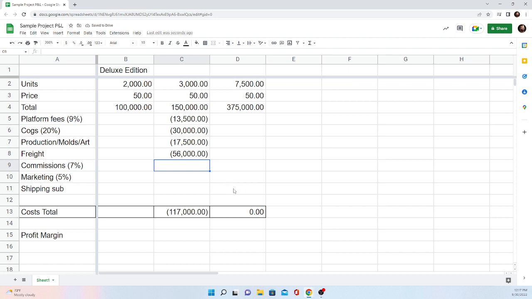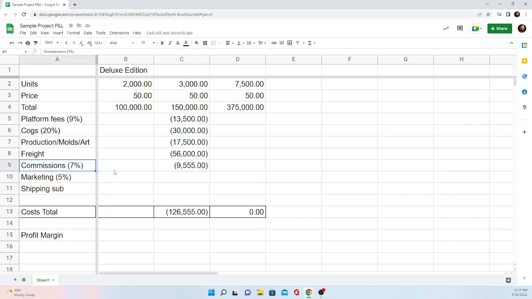Let's say you get 7% off the net of your Kickstarter with your designers. The net, at least the way that I've done things in the past, is after the platform fee, the money that we actually get. So in this case, that'd be 136.5. You times that by 0.07, and that's going to be 9,555. Bang.